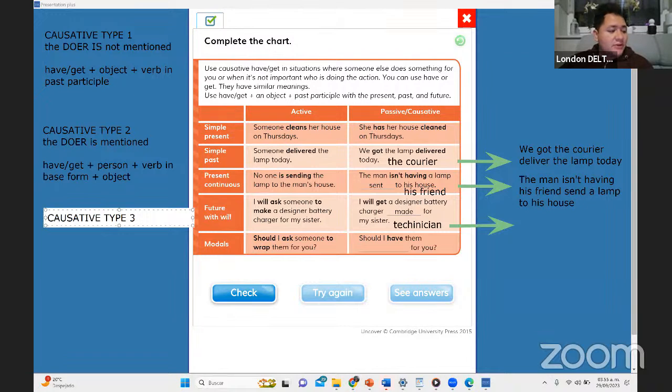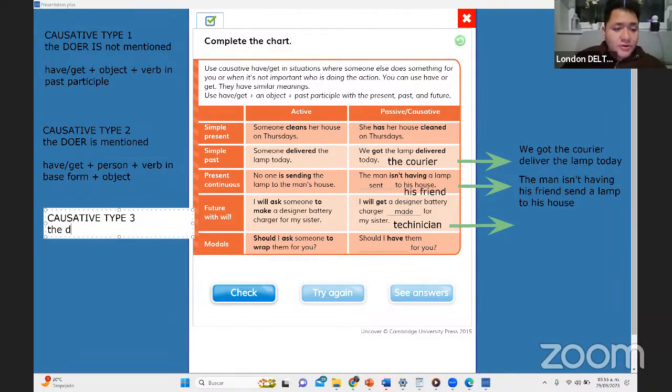We use causative type 3 when, very similar to the previous one, you obligate the person to do it. It's like that context, like the person feels obligated. Aquí el contexto sería como que la persona se siente obligada a realizar la acción. So in this case, the doer is obligated.